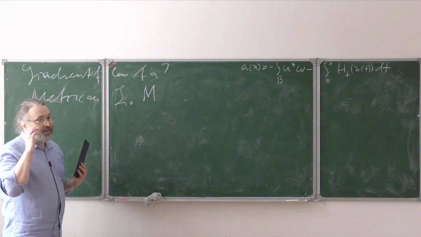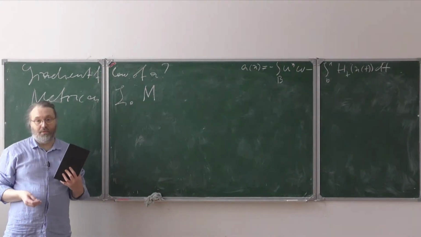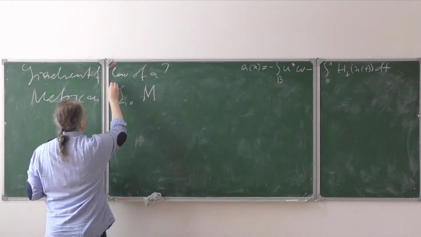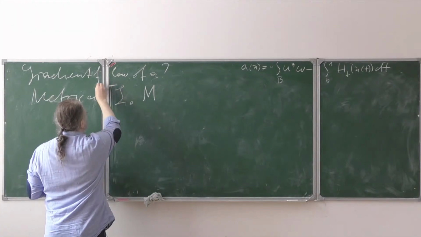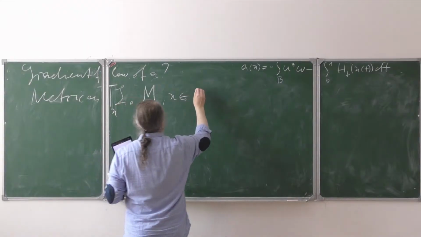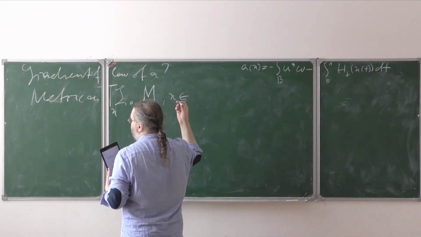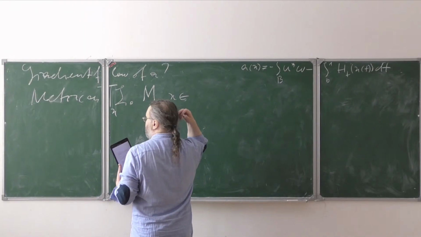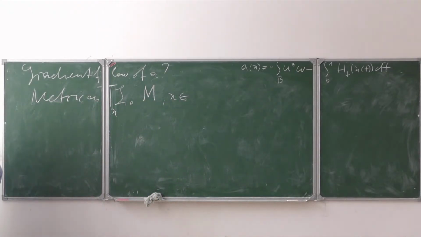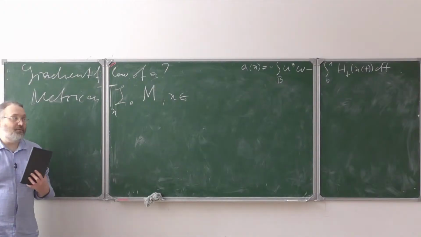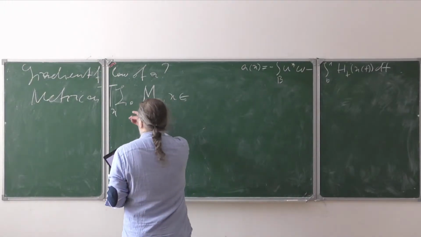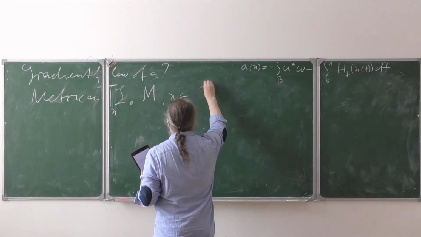Or, more precisely, we need a kind of Riemannian metric on L naught of M, meaning we need a metric on each tangent space.